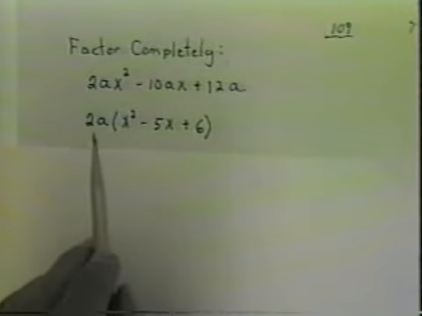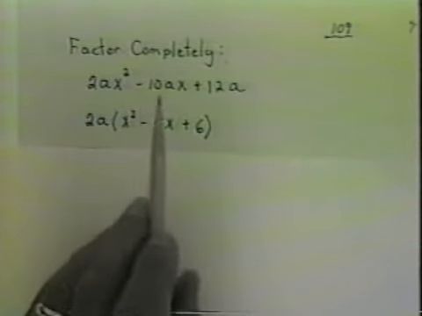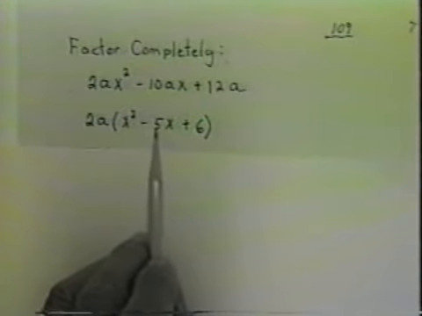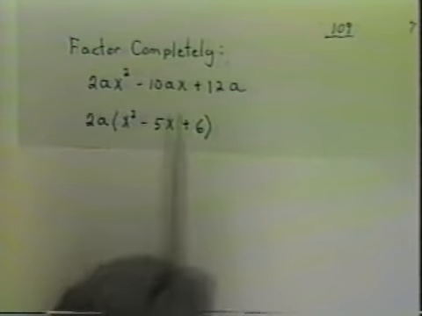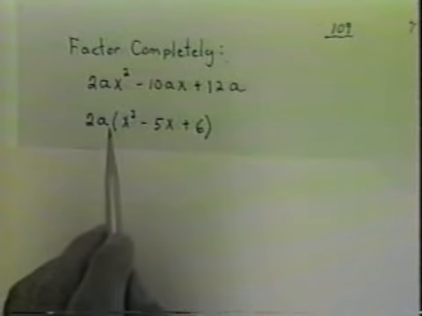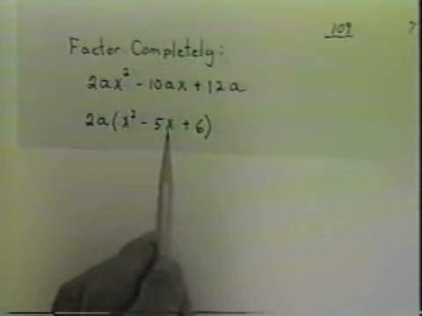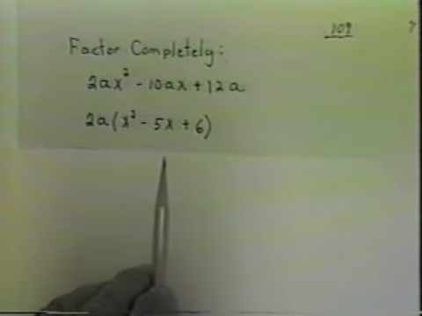So I factor out the 2a. If I divide the 2a into 2ax squared, I get x squared. The 2a into the 10ax is a negative 5x, and the 2a into the 12a is a positive 6. Now once I have removed the common factor, I can factor the remaining trinomial by guess and check.